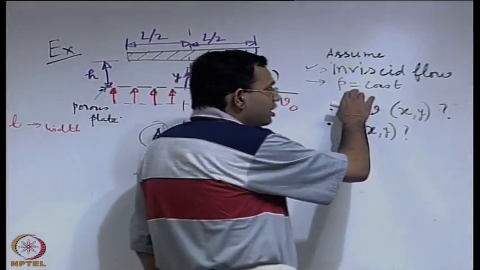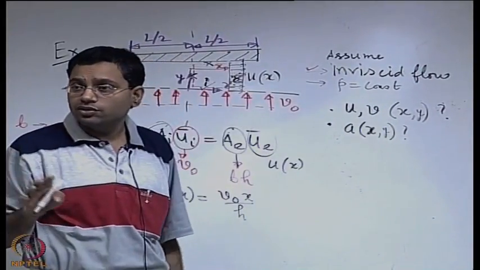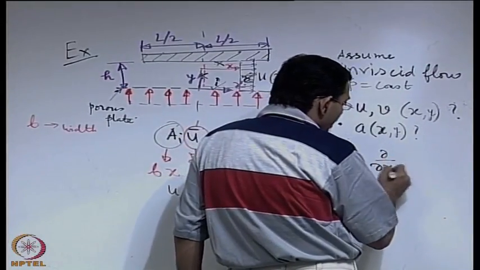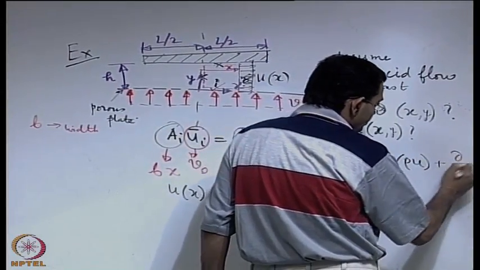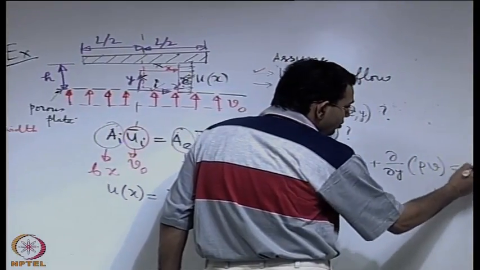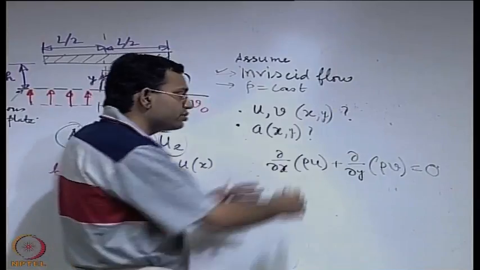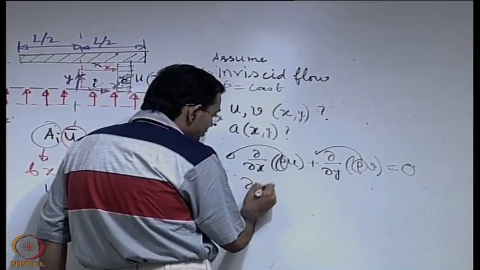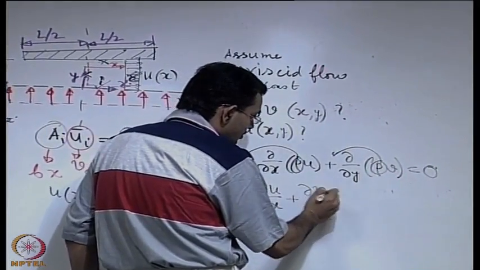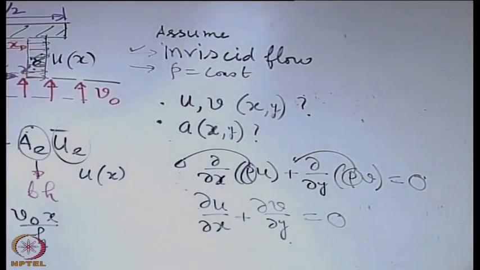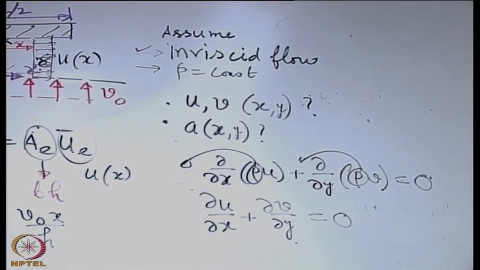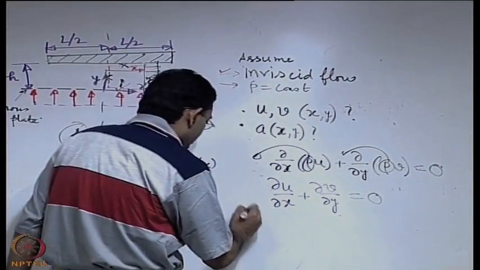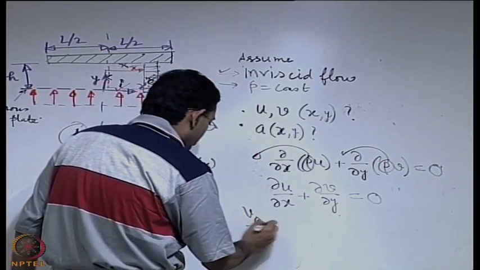When rho is a constant, the time derivative term is 0, and rho comes out of the derivative, so you have the partial derivative of u with respect to x plus the partial derivative of v with respect to y equal to 0, since w is not there. Now you know u as a function of x, so you can write the partial derivative of u with respect to x. What is that? v0 by h.